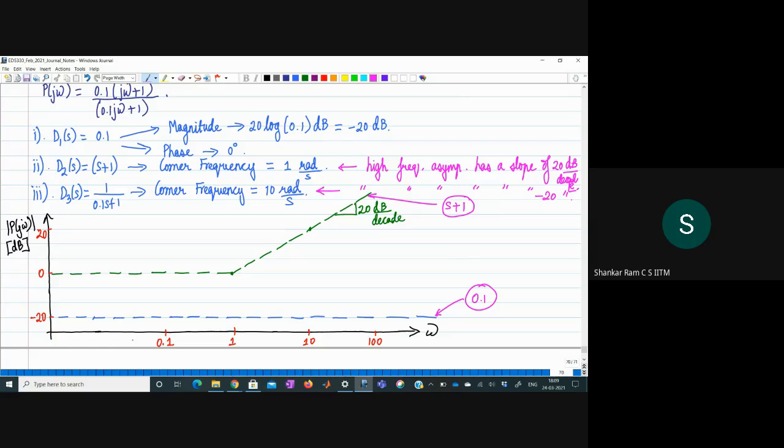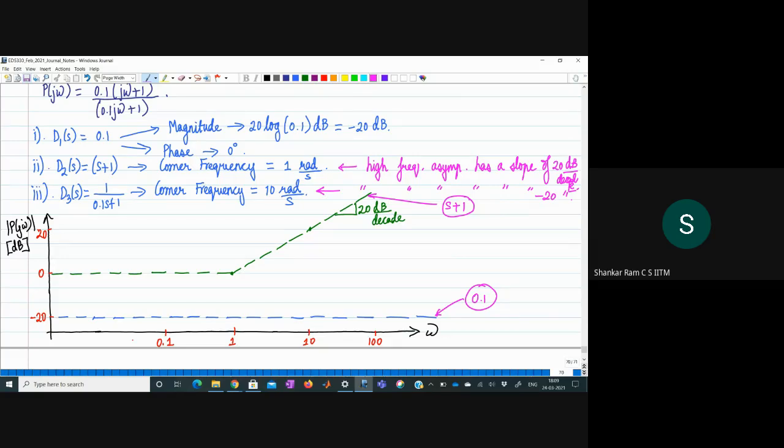All right, is this clear? So let me repeat. We know that if we look at the magnitude plot of Ts plus 1, the low frequency asymptote is the 0 decibel line, and the high frequency asymptote has a slope of plus 20 decibels per decade, right?